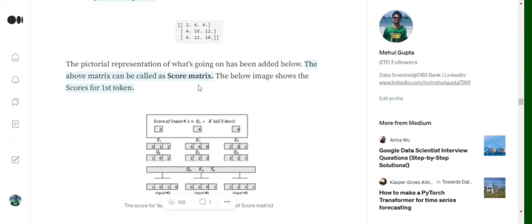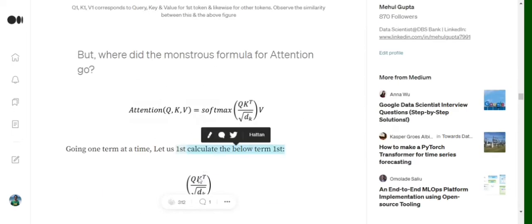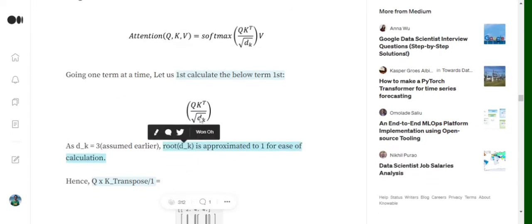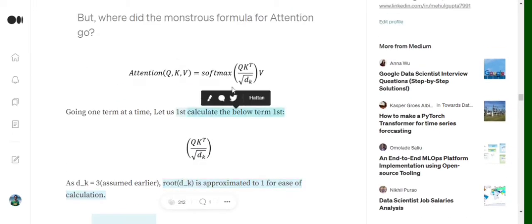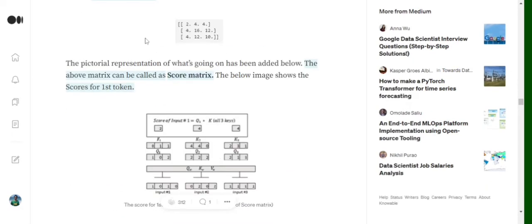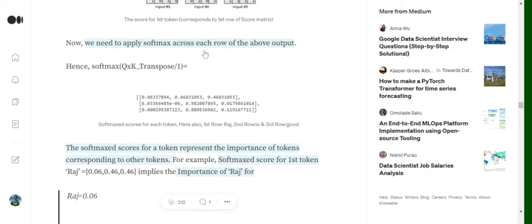Now we will be applying a softmax over this resultant matrix row wise, as under root dk is 1, so there's no need to calculate that. So the softmax would be along 244, then 416, 12 and 412, 10. I am assuming that you understand what a softmax function is. If not, you can google it, it's pretty easy.